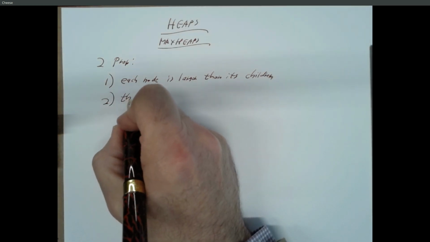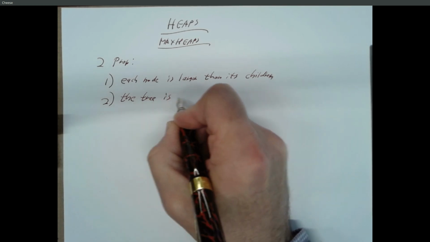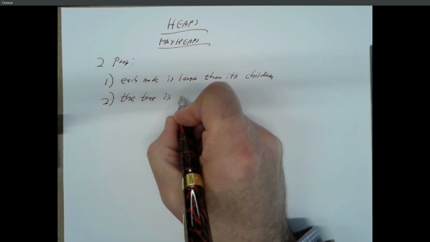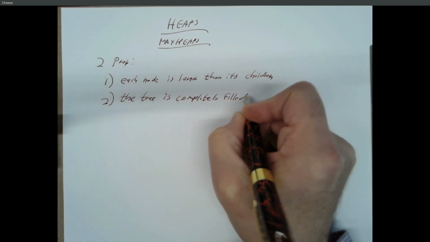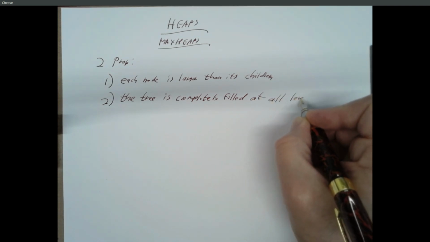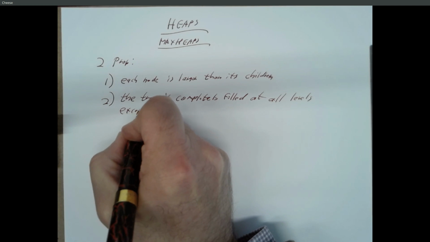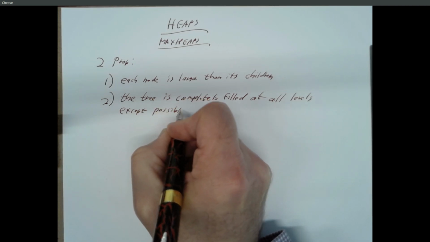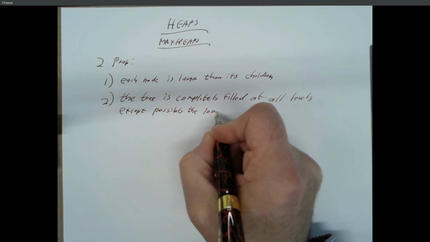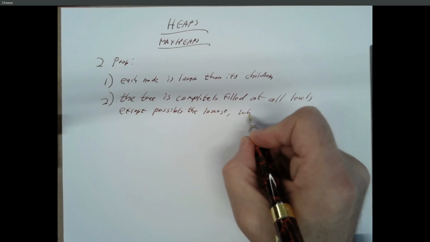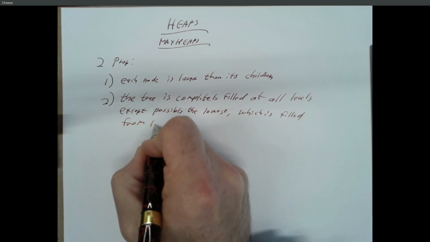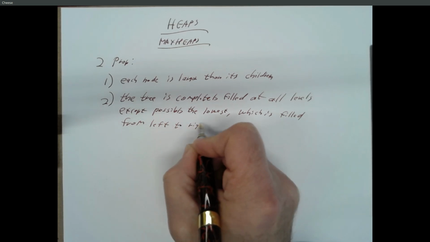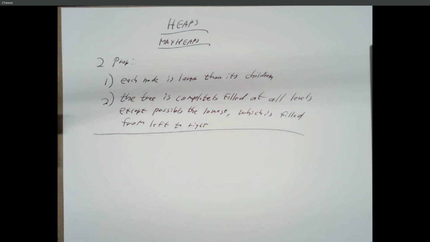Property 2, the tree is completely filled at all levels except possibly the lowest. Which is filled from left to right. And that's really all we need for a tree.